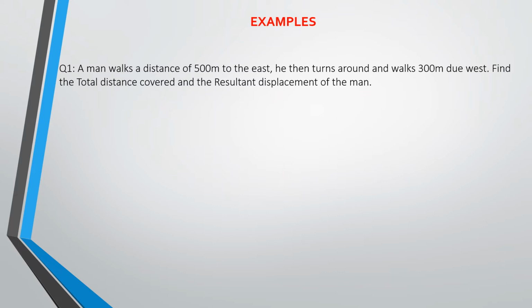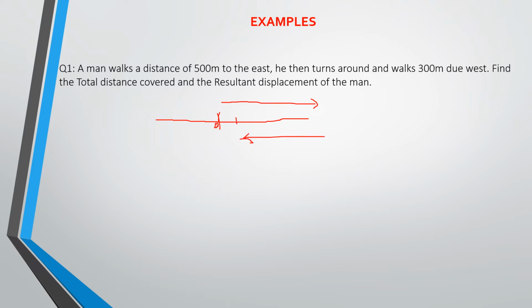Alright, so for this one, if you can draw, maybe you can just represent it like this. This is my 0 mark here. Movement in this direction is east, and movement to this side is west.